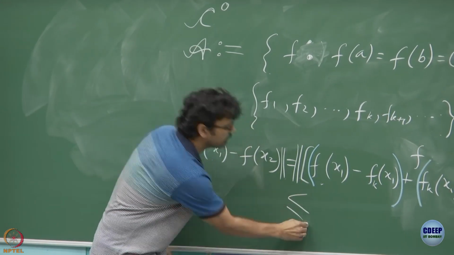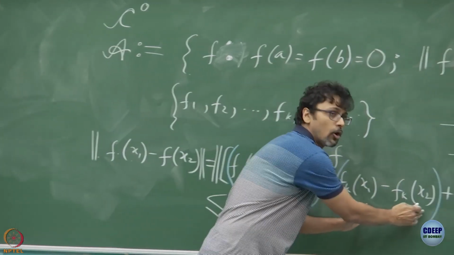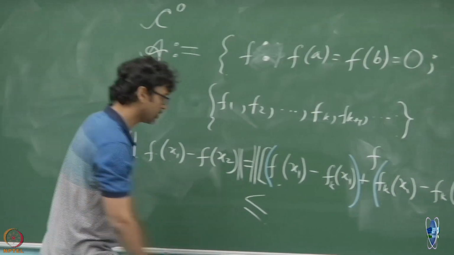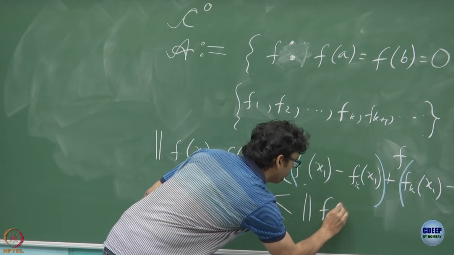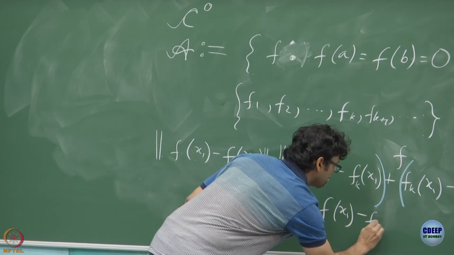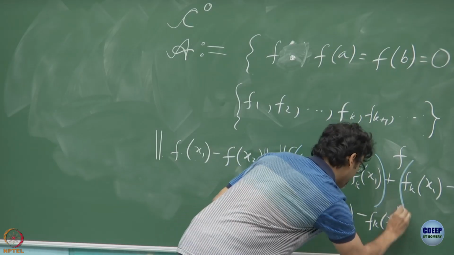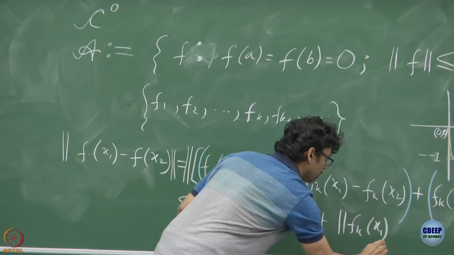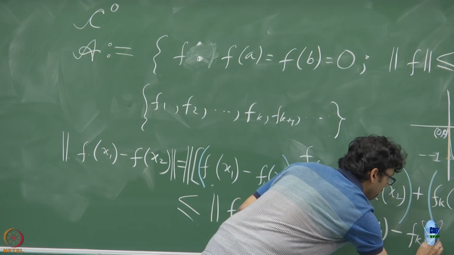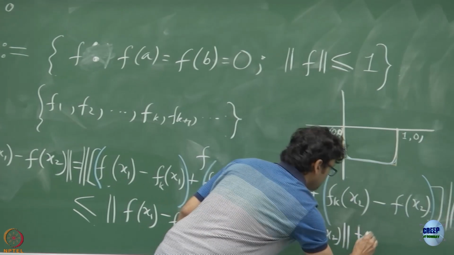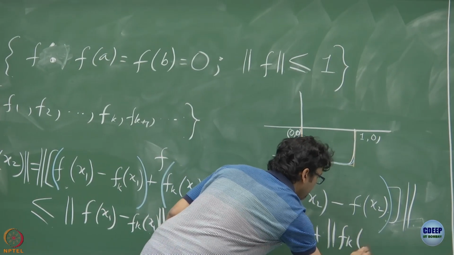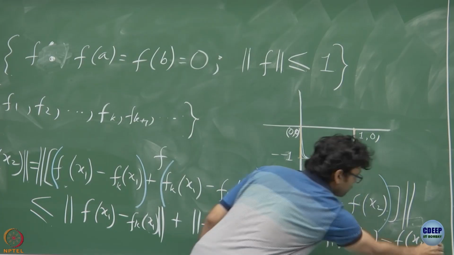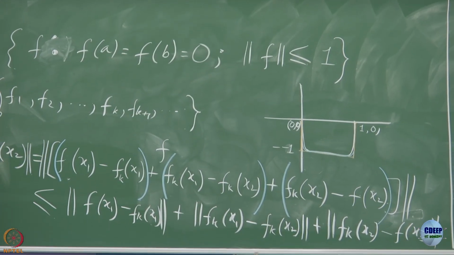This is smaller than or equal to the norm of this plus the norm of this plus the norm of this. Yes, correct. So this is smaller than the norm of f x1 minus fk x1 plus the norm of fk x1 minus fk x2 plus the norm of fk x2 minus f x2. How is this helpful?